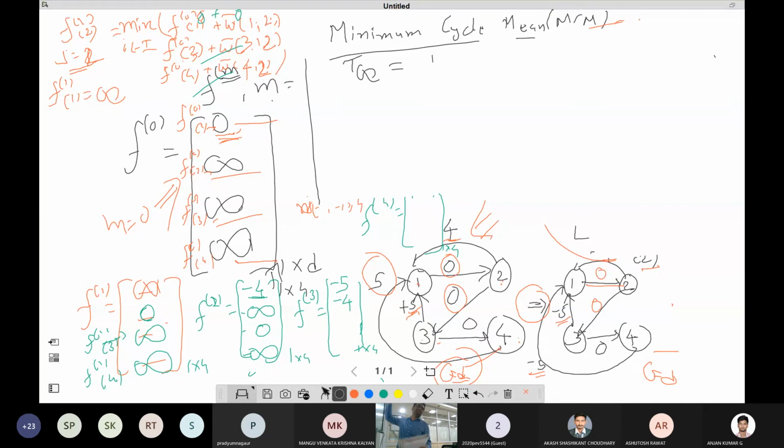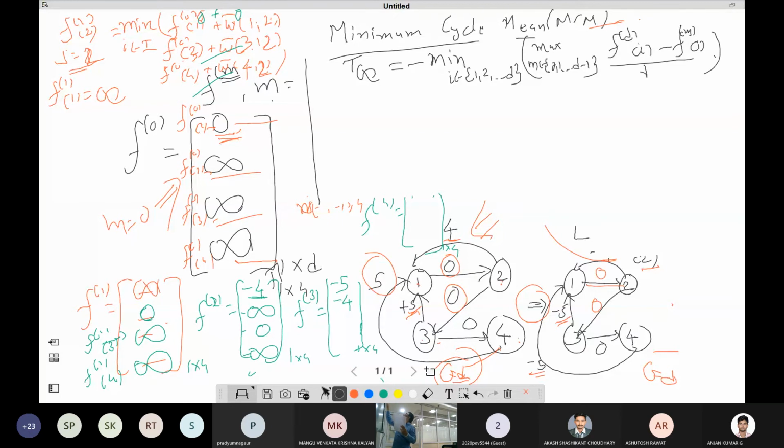Iteration bound is defined as T infinity equals minus of the minimum over i belonging to 1 to D, of the maximum over m belonging to 0, 1 up to D minus 1, of f of D i minus f of m i, divided by D minus m.